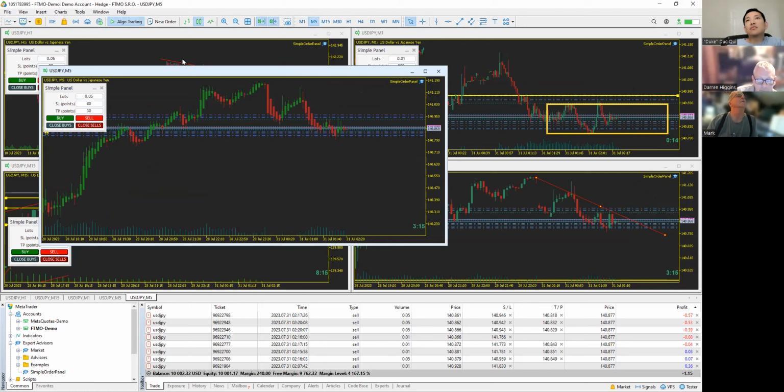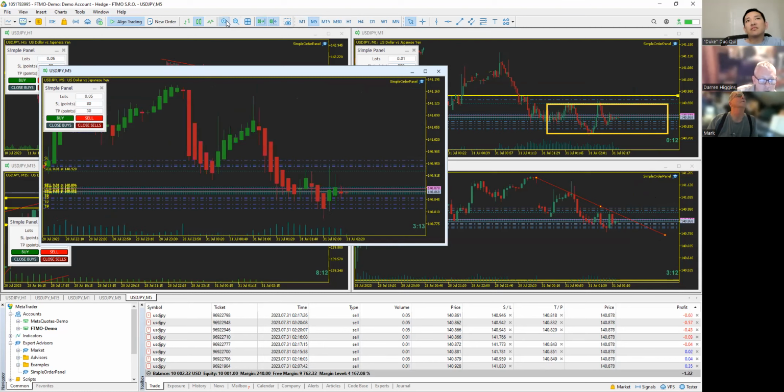You can still see it on the 5 the same way. So here, when it came back, this is a doji in the sense that it wicked on the top and wicked on the bottom. It's a weak buy because the previous was a down.